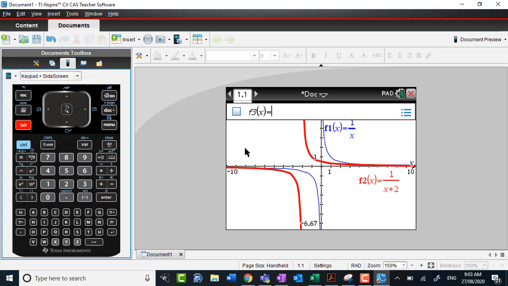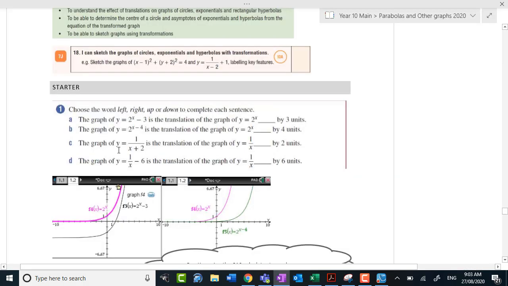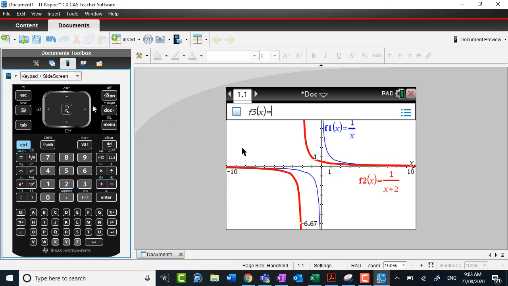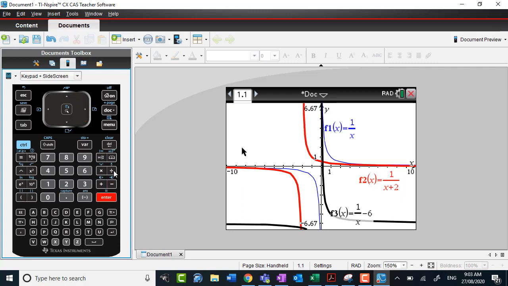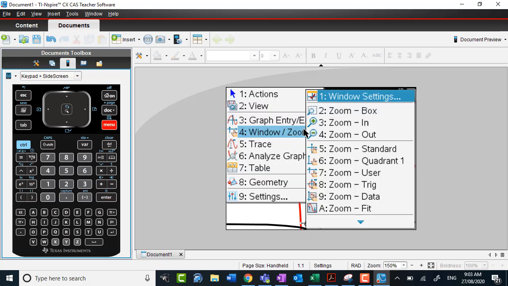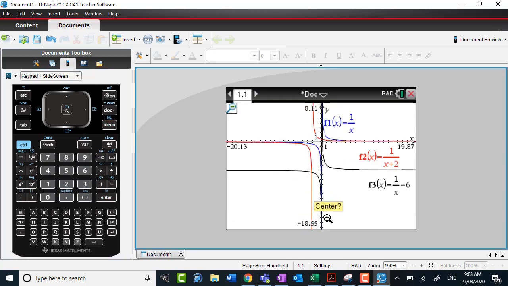And likewise, if I was to do the other one, we've got 1 over x minus 6. Let's have a look at what that does. Okay, so you should really be practicing with your CAS calculator throughout these exercises as well. Well, we've actually moved everything. Let's have a look. Let's zoom out a bit.